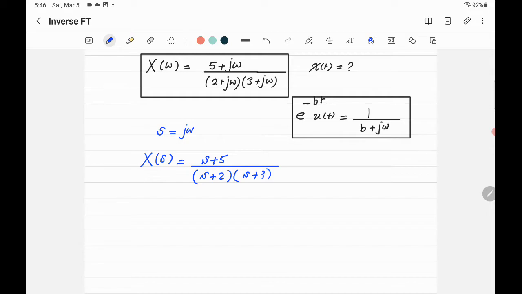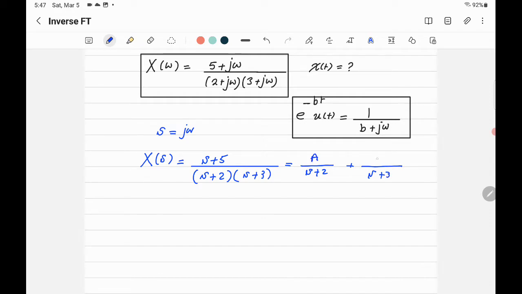So that's the expression you have, and we need to find x of t. What is the strategy to solve this? You'd like to break it into fractions and express it in a simple way. We'll do that by writing this expression as one fraction with denominator s plus 2, and another with denominator s plus 3, but we don't know what's in the top.